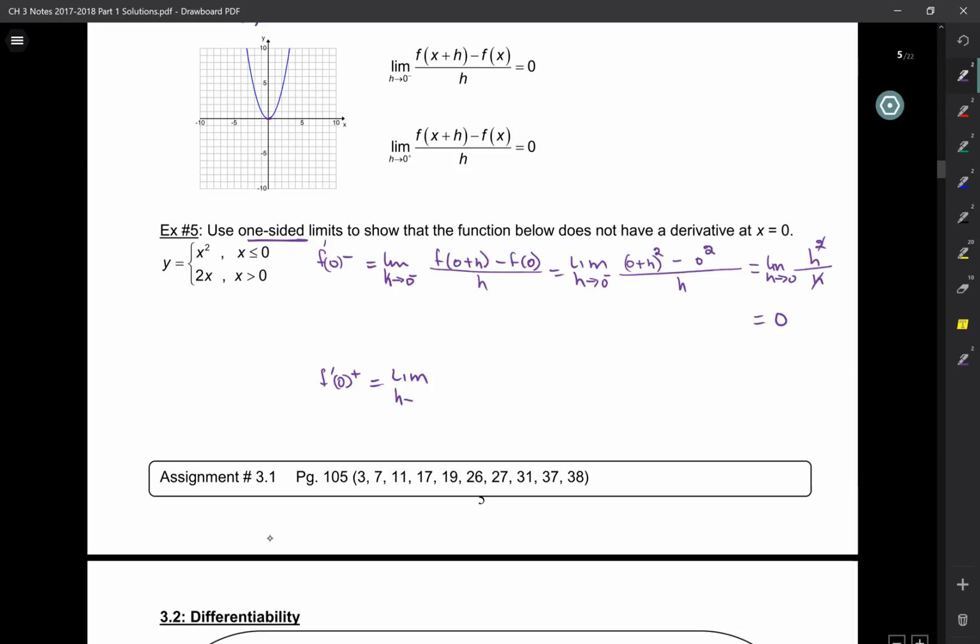The limit as h approaches 0 from the positive side, which function am I going to take? The bottom one. So this is going to be f of 0 plus h minus f of 0 over h. So this is the limit as h approaches 0 from the positive side. 2 times 0 plus h minus 2 times 0, all over h.